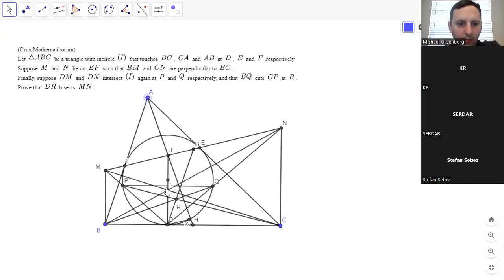So this point L might be useful. And also, if we prove that PQ is parallel to BC, that looks very useful. Okay, let's see if we can prove that.